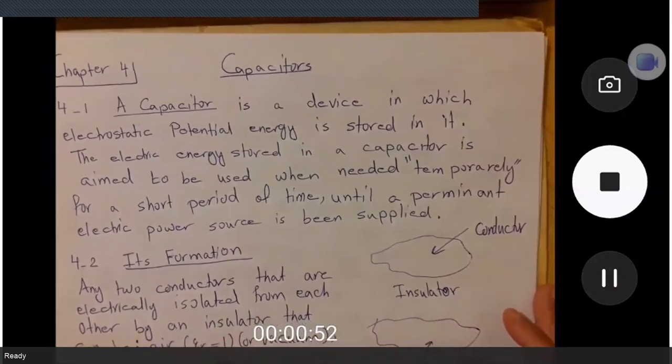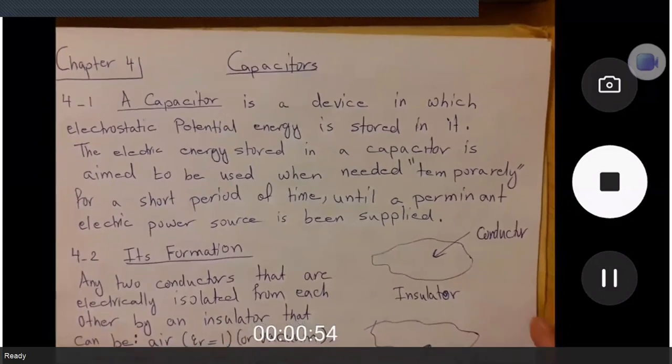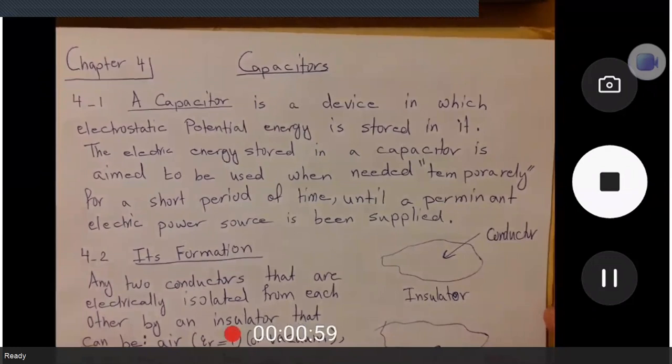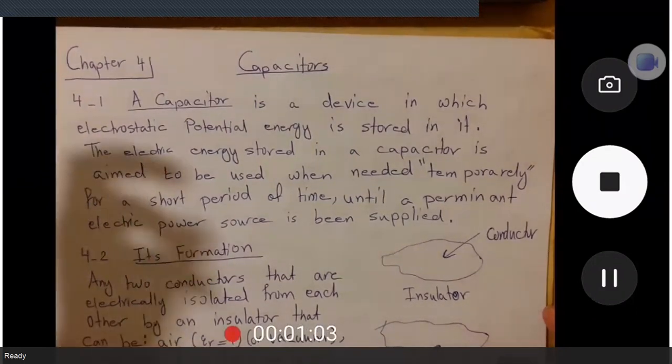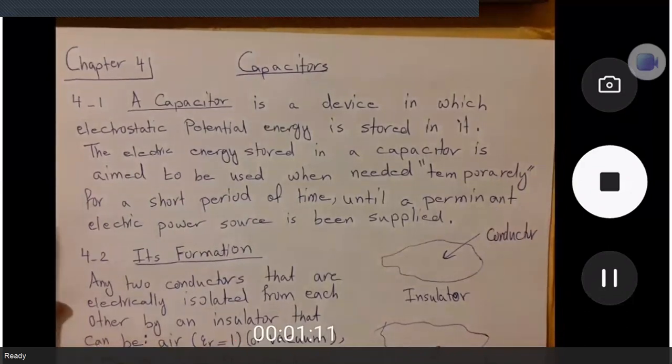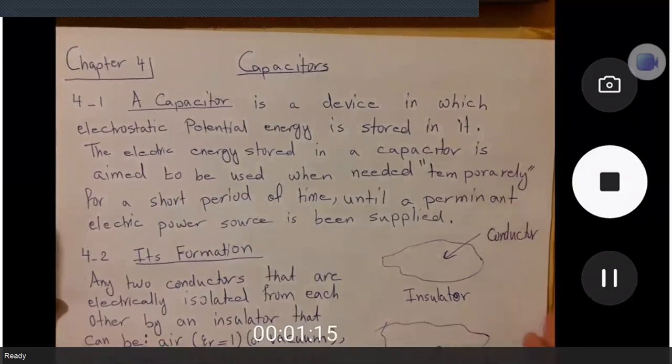Why do we store it? Because when we need it, we're going to use it, okay? But this storage is depleted, and in a short period of time it decays or goes. That's why we use it just until we find an alternative power supply, okay?